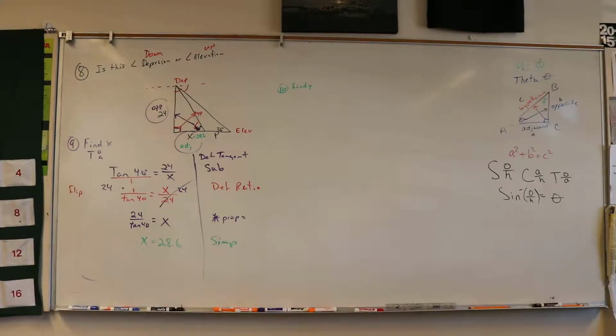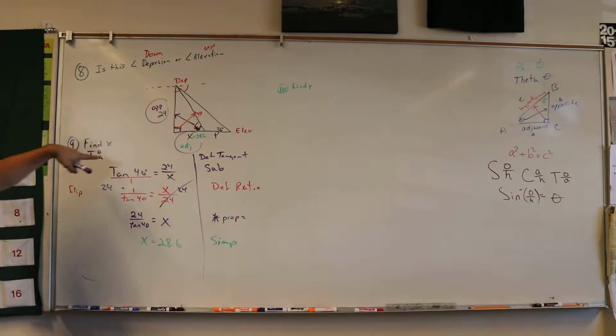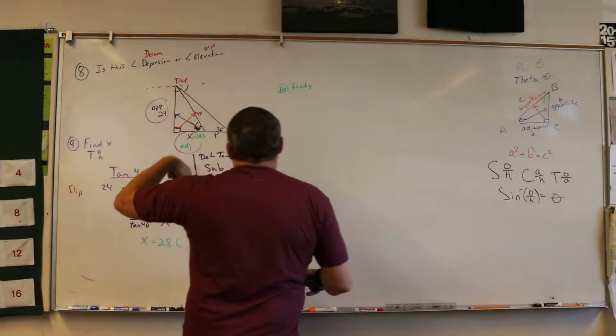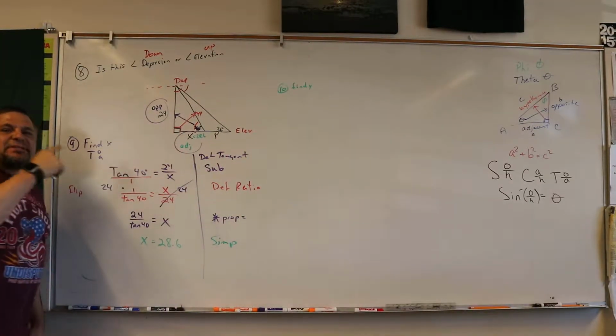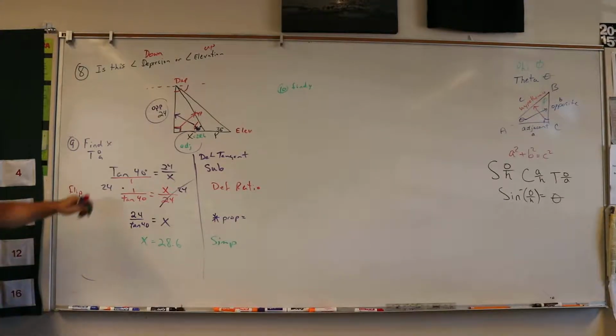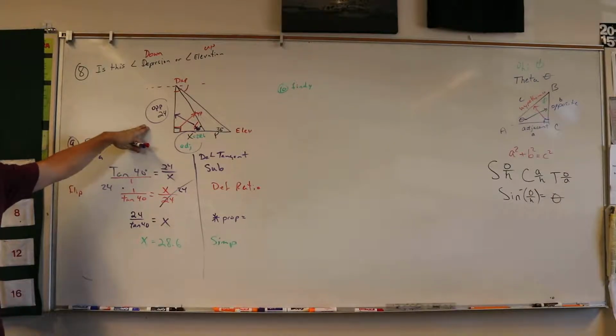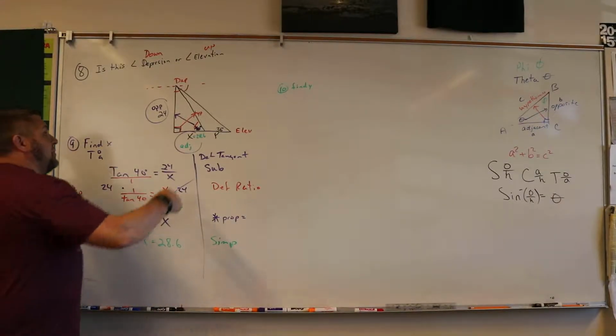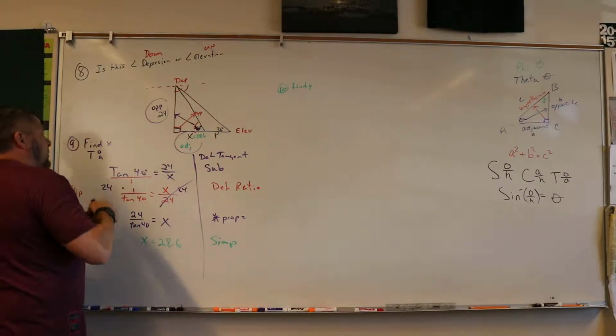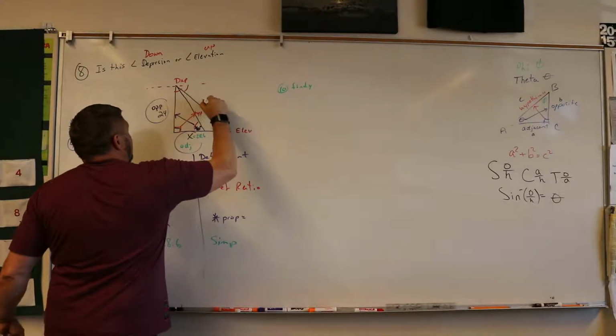Well, guess what? We're going to do the same thing we did for 10. So it's not that hard. Although it is. Because watch what happens. When I look at the opposite, opposite of 36 is still going to be 24, right? The hypotenuse is this guy, which we don't know what it is.